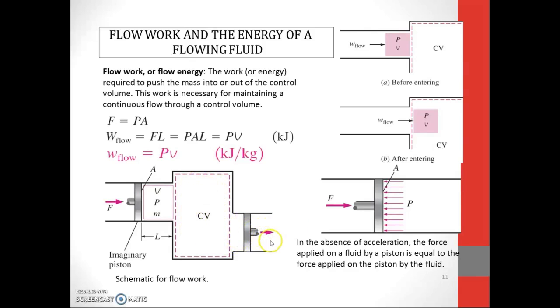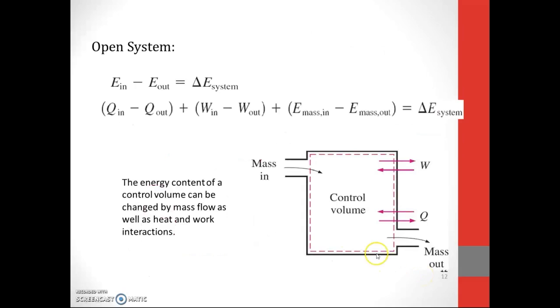So this is flow work before entering, and this is flow work after entering the system. In the absence of acceleration, the force applied on the fluid by a piston is equal to the force applied on the piston by the fluid. So for an open system overall, this is the equation that we're going to apply.